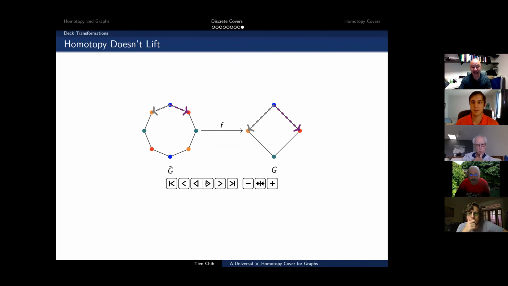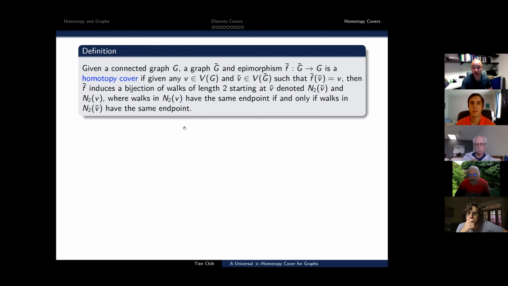But the sad part is that homotopies don't lift for the standard universal cover the way they would in covers in Top, because here I have these two homotopic walks rel endpoints, and they're not homotopic rel endpoints in the lift. So in order to fix that, you impose a condition where it lifts, instead of neighbors, a neighborhood of order 2, or walks of length 2 away, and you have to share endpoints.